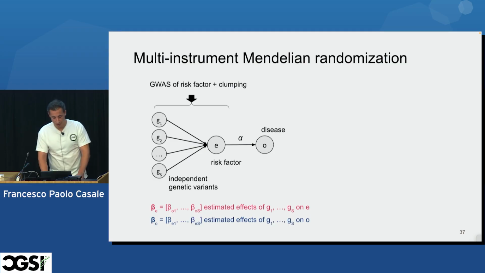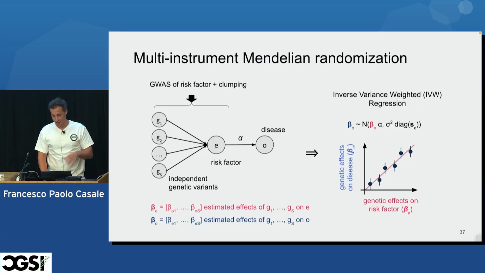Indicating with beta E the estimated genetic effects on E, and beta O the estimated genetic effects on O. Of course, you could compute this ratio for each variant, but more robustly, you can just regress the genetic effects on disease versus the genetic effects on the risk factor. And this is called inverse variance weighted regression. The reason is that this is weighted by the error on the outcome genetic effects, and that's the probabilistic model that underlies this regression.